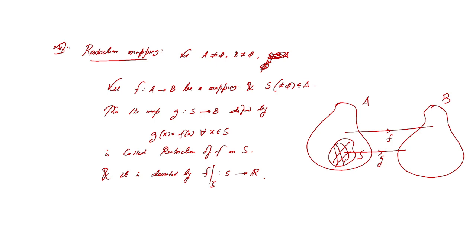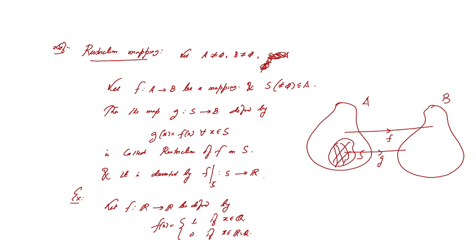Now, if we take one good example of the restriction map: let us define a map f from R to R, defined by f(x) equals, this is one of the famous maps, 1 when x is a rational number, and 0 when x is an irrational number, that is, in the set of all irrational numbers.